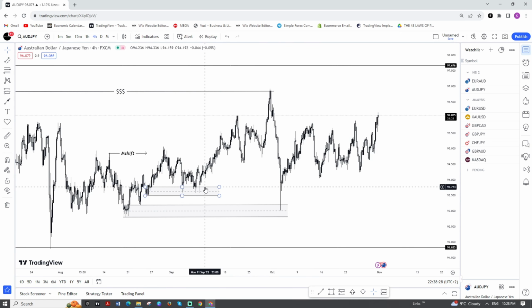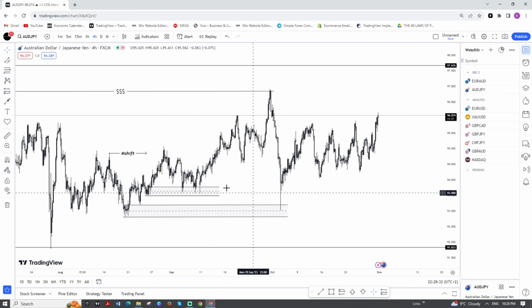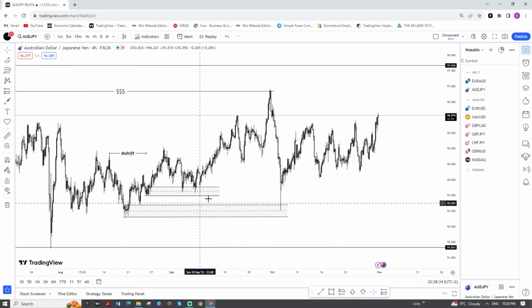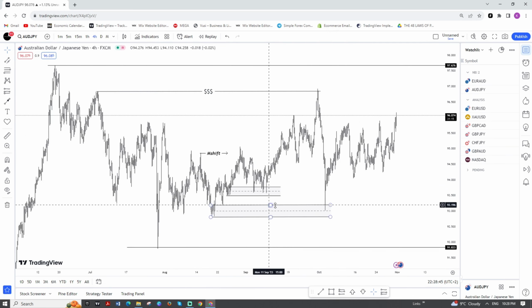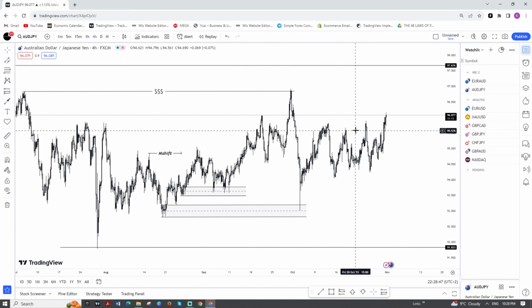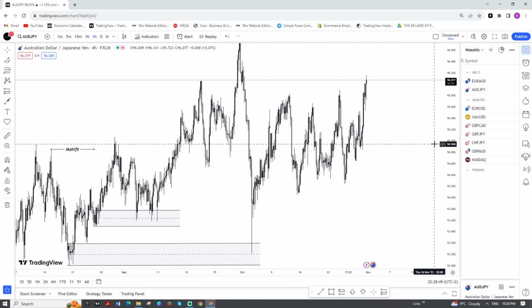It liquidated these order blocks right here. It means that it took them out, right? So anyone who had orders or positions on this order block right here got stopped out, and then this order block was mitigated, and if anyone saw this move, they are in deep profits right now, guys.